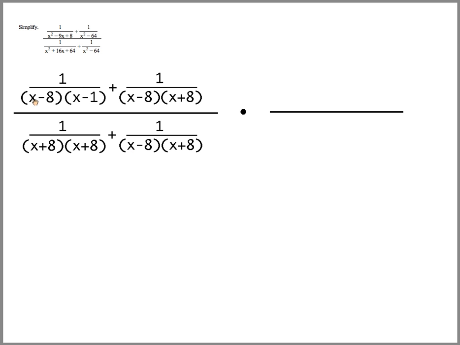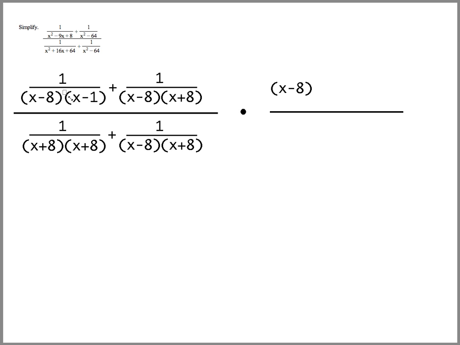And we look at this first term and we see we have an x minus 8. So I'm definitely going to have to have a factor of x minus 8 up here. And there it is. Now this has an x minus 8 and this one has an x minus 8. So 3 of the 4 have an x minus 8, which is nice. Some nice simplification is going to go on there.